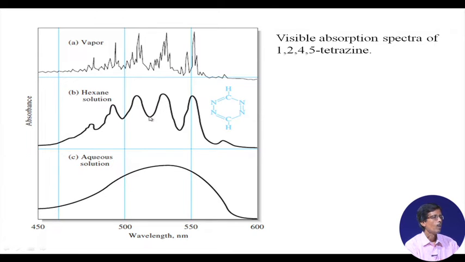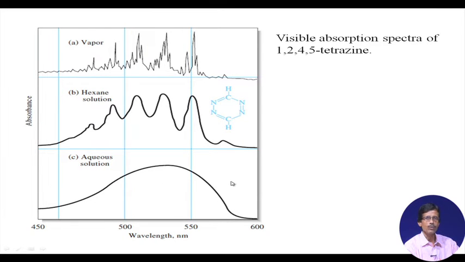So, the minute difference in the corresponding vibrational levels of the molecule is responsible for the corresponding finer details of the absorption spectrum in hexane solution. Because the number of molecules in hexane solution depends on the corresponding solubility.